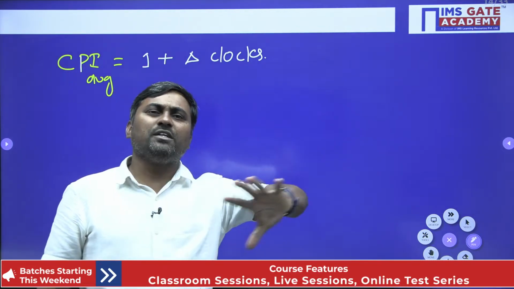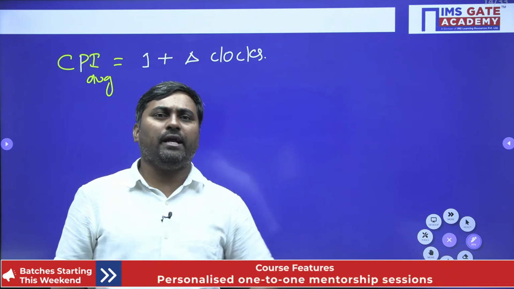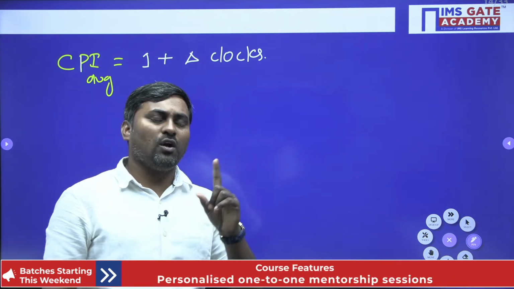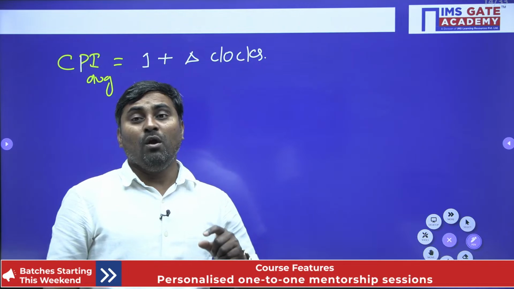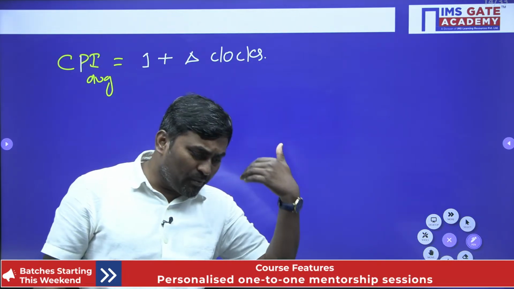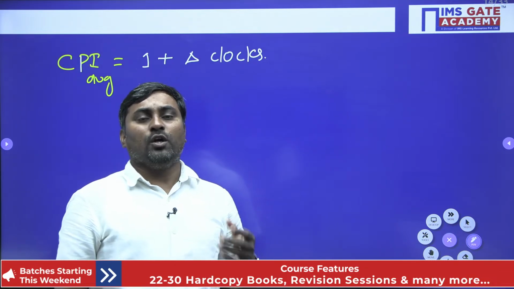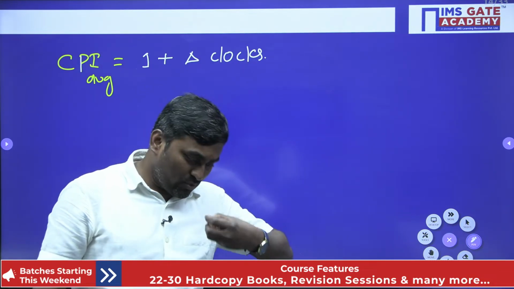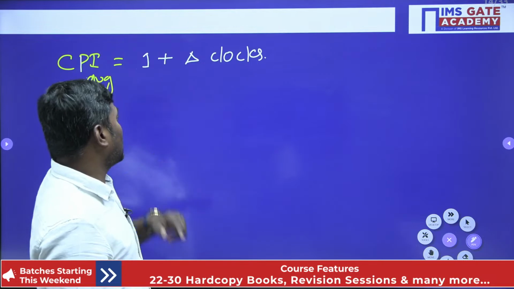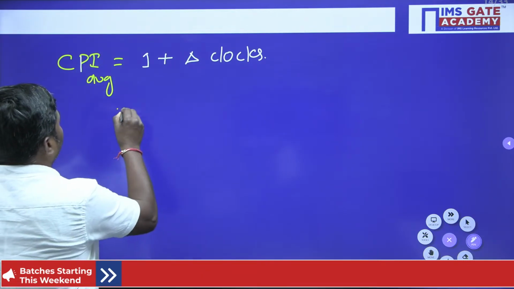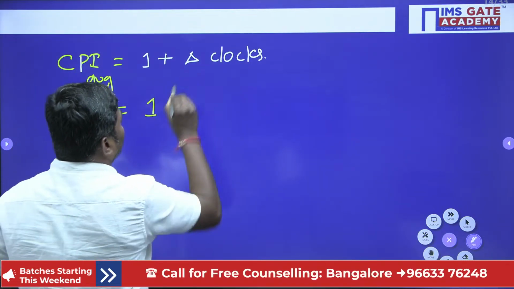What I am telling you is: if all independent instructions are there and you run them in a pipeline, each instruction takes 1 clock. But if there is a dependency, be it a data dependency or a control dependency, some stalls will be added. How much stall? Delta stall. Now observe here: 1 plus what is the delta?